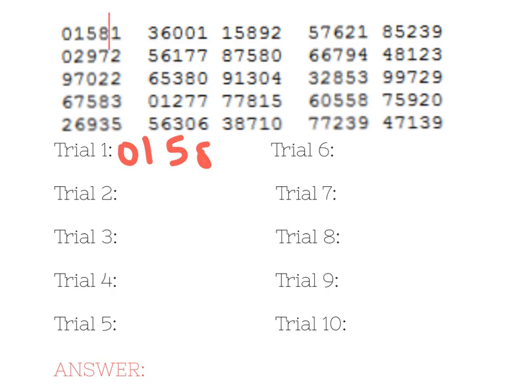And if you remember, the numbers 0 through 4 were boys, 5 through 9 are girls. So in this first grouping, we have 2 girls.